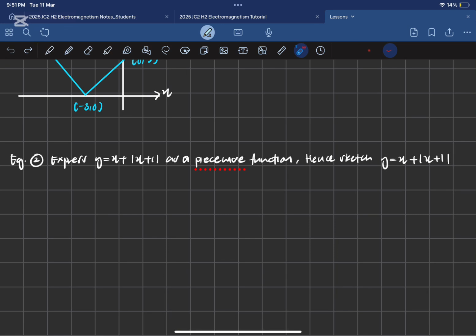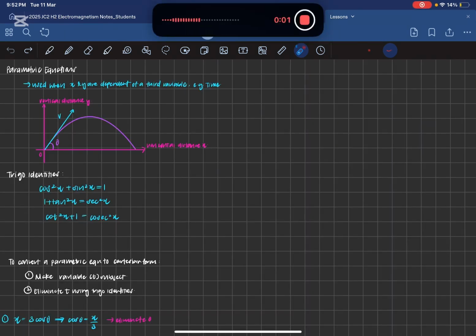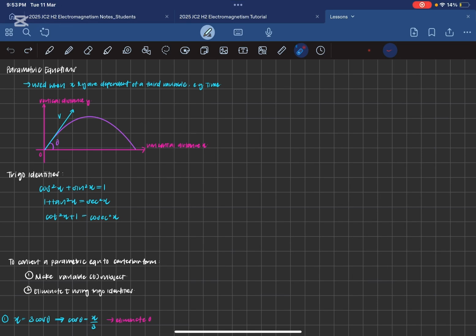This one is very important, also not mentioned in schools. To convert the parametric equation to a Cartesian form, first you need to make the variable t the subject. Then you eliminate your t using your trigo identities, which is here.